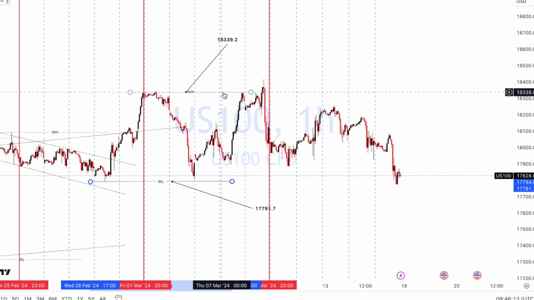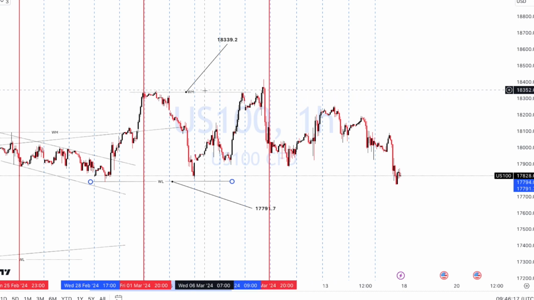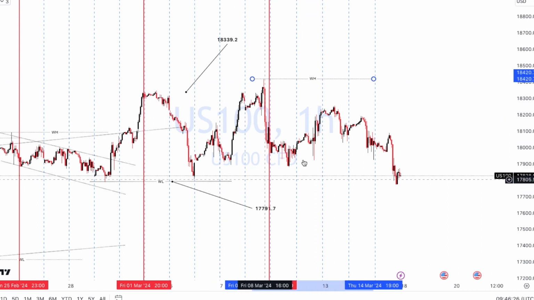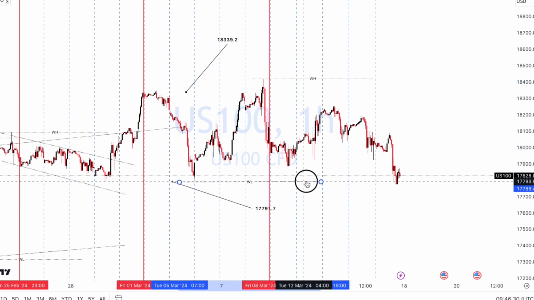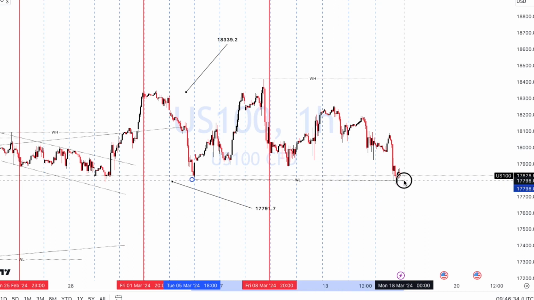Now moving forward, new levels have been created. The new weekly highs that we used for the week just gone, it was these levels right here. So rather than draw out a whole brand new one, we're just going to recycle what we have.